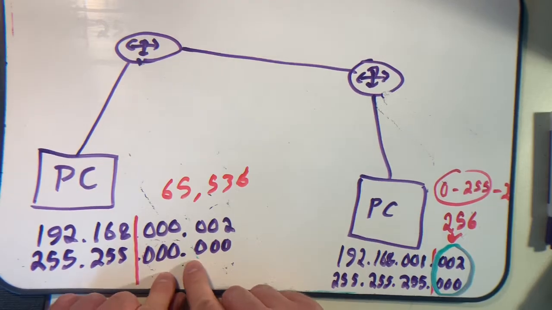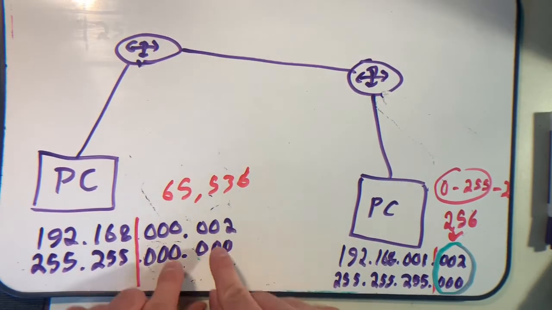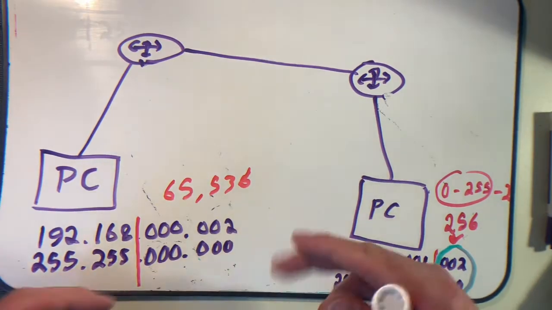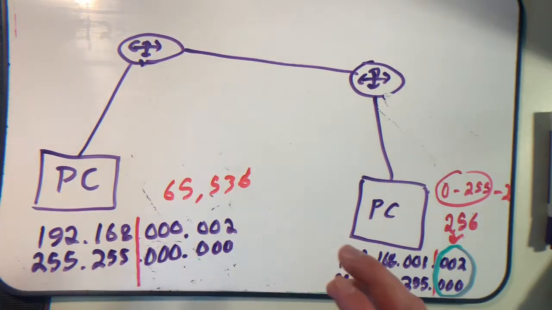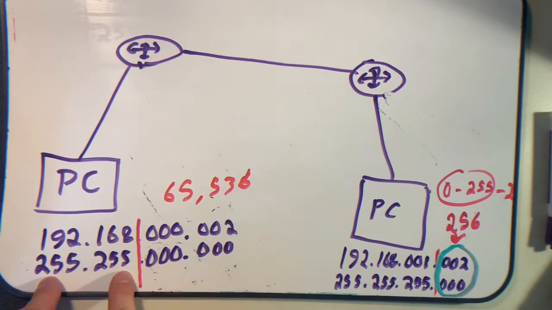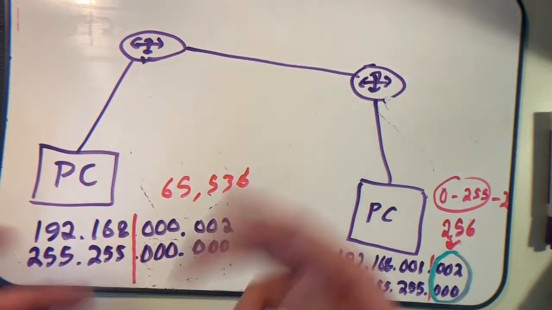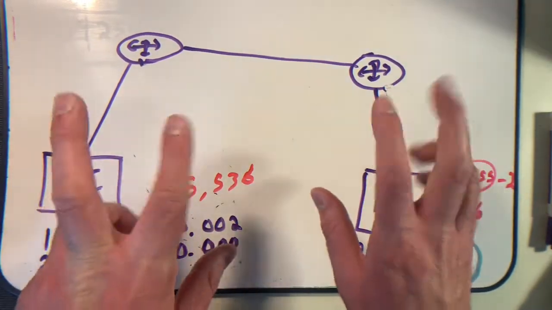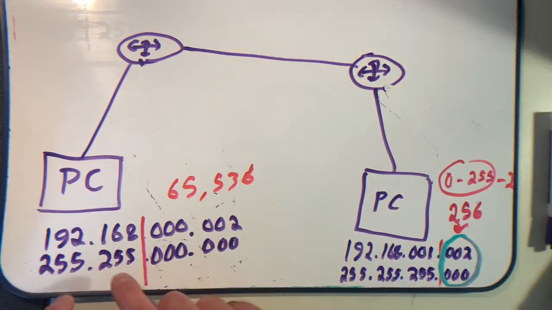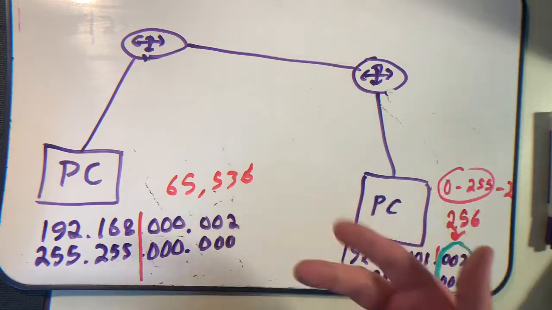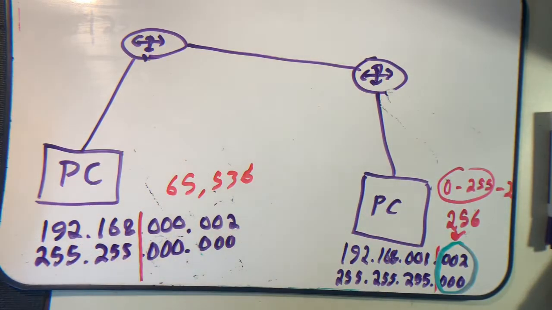So there can be, on this one street, up to a little over 65,000 different buildings or host computers. But a side effect from doing that is we've reduced the size of our network address. So the number of streets that we can have has gotten smaller, but we've increased the number of buildings or hosts that we can have on those streets.